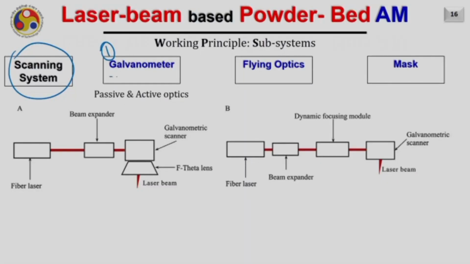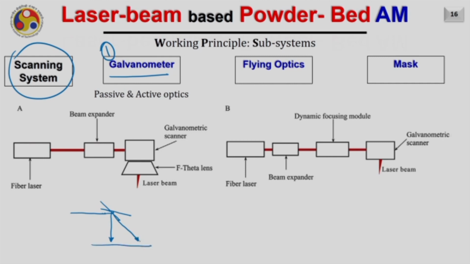Of course, we also saw that when a laser beam strikes a galvanometer, it projects onto the powder bed. As the position of the galvanometer changes, the striking beam can move here and there on the bed.